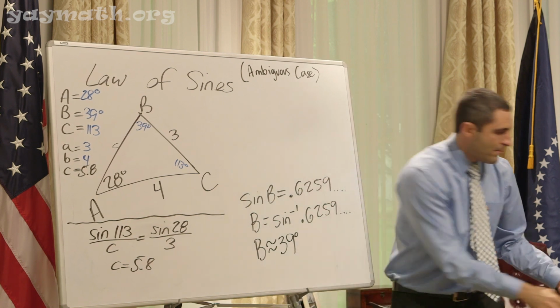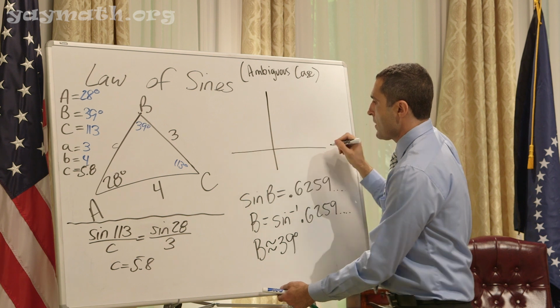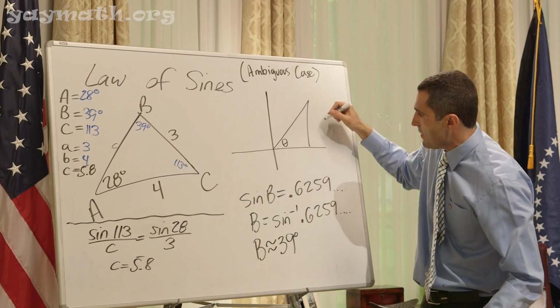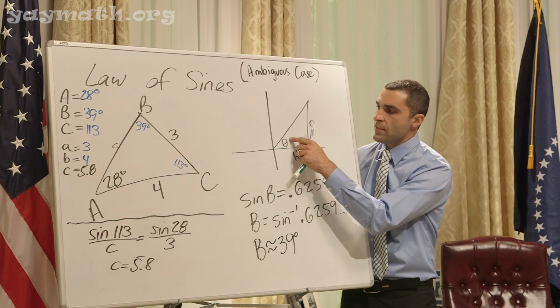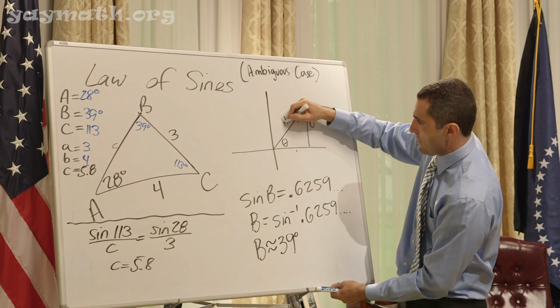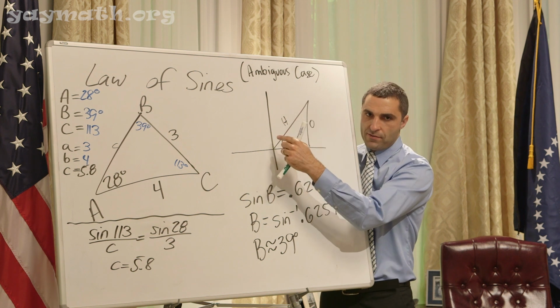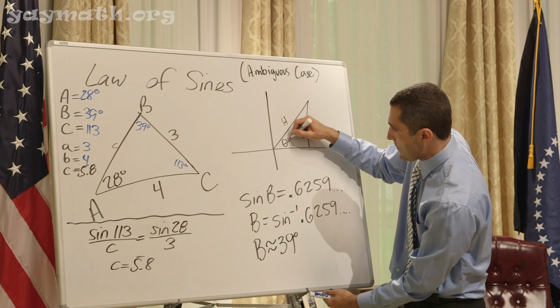Okay, back to our triangle. Let's say this is some angle, and this is opposite over hypotenuse. The sine of this angle is positive opposite over positive hypotenuse. This angle turned out to be 39 degrees.